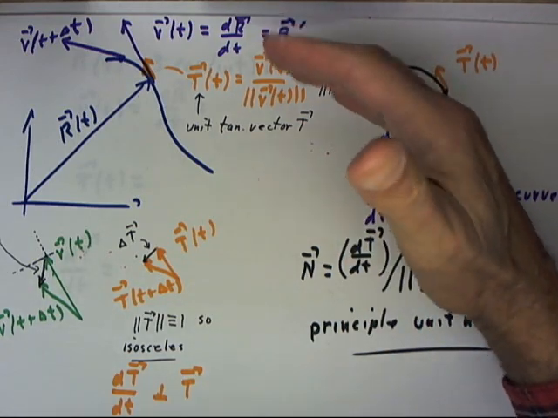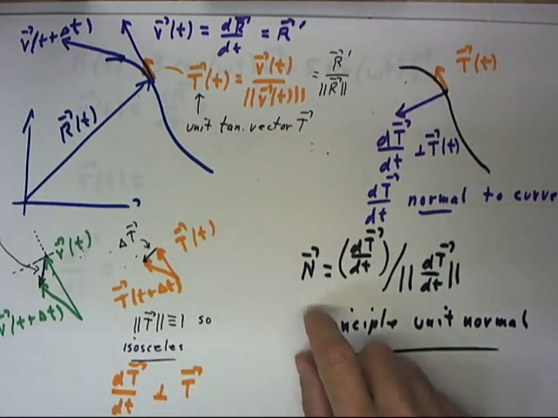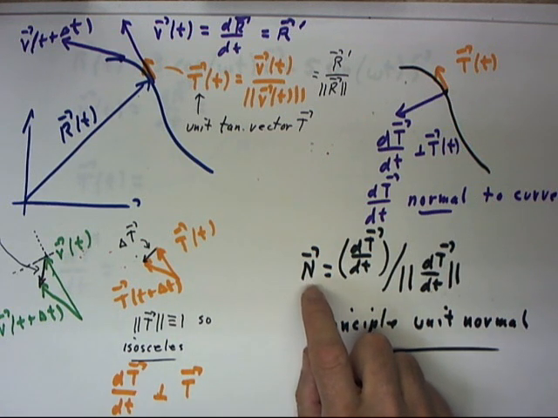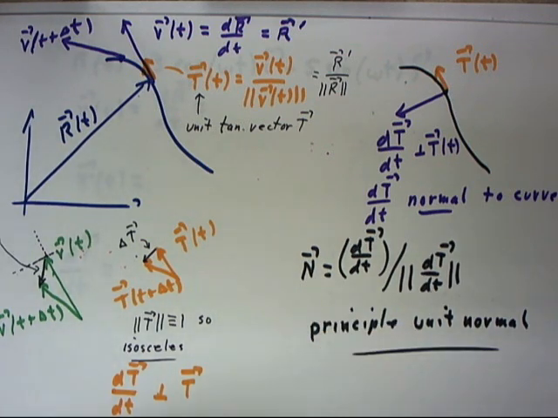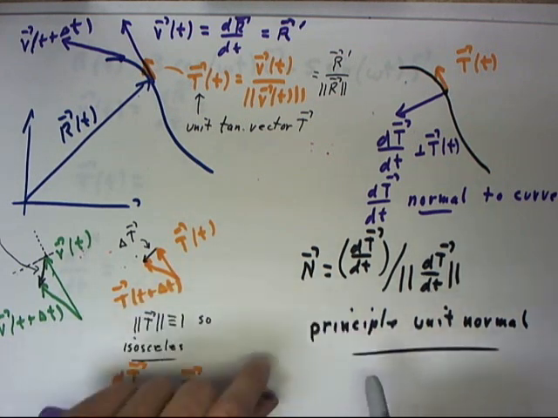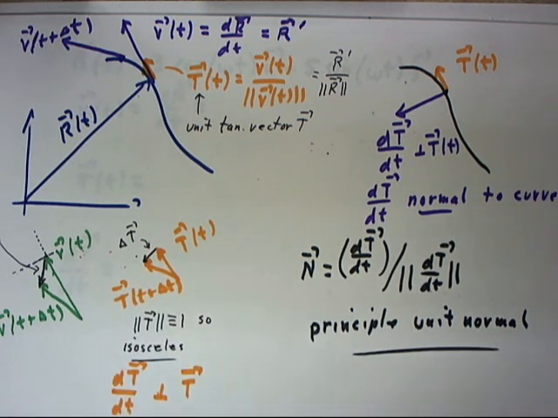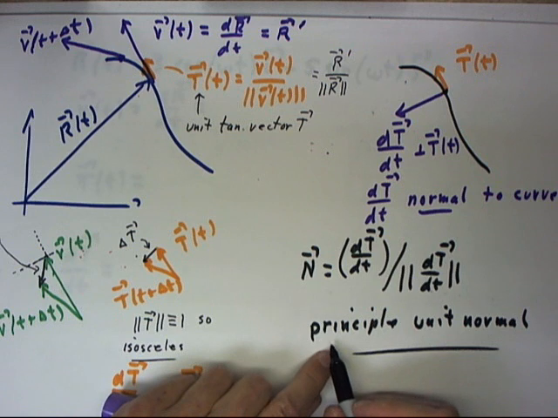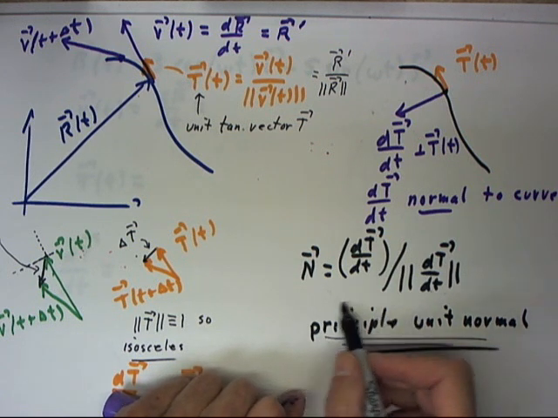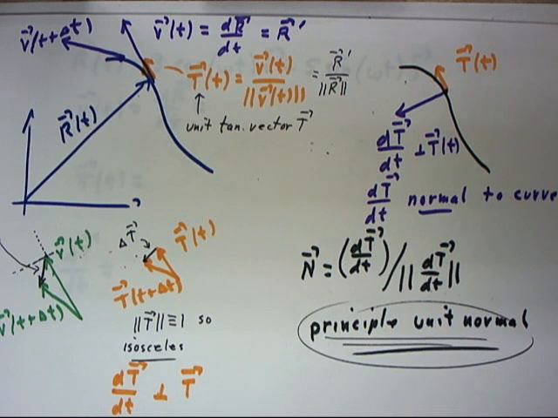If the curve is curving like this, then the unit normal vector is in like this. The unit normal vector is perpendicular or normal to the curve and directed toward the inside of the curve, if you will. Of course, that's a little bit circular because we use the unit normal vector to specify the orientation of the curve. In any case, we call this the principal unit normal vector, and we're going to see how it can be applied.